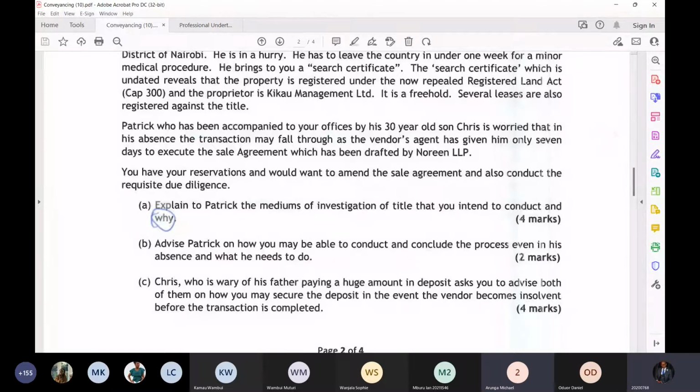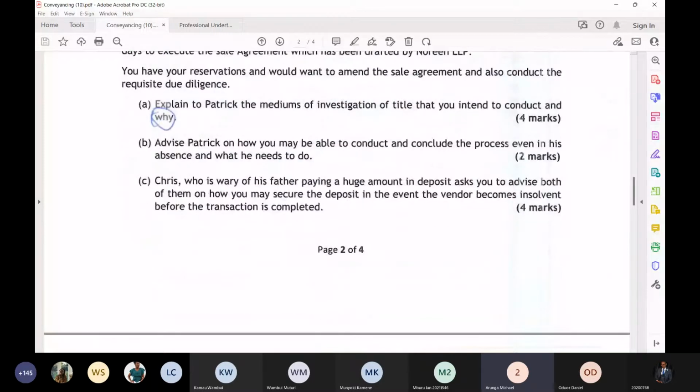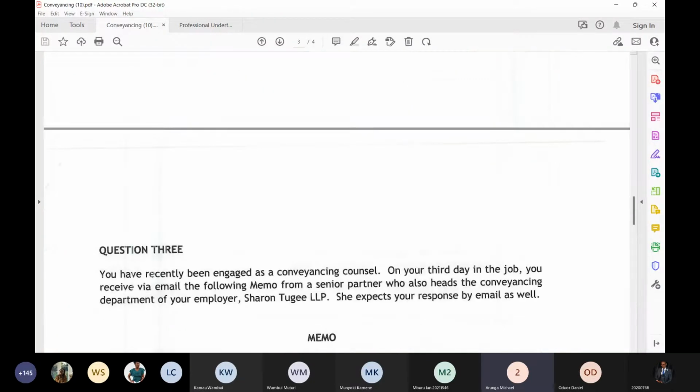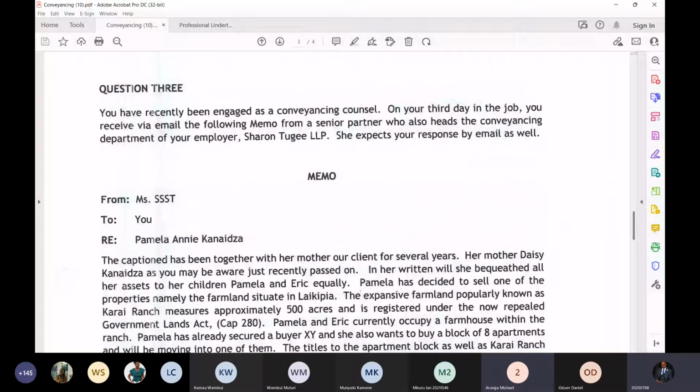Any other questions? Yes, Solonka. Just a small clarification. In as much as we're explaining to Chris how we deal with stakeholder accounts and how they operate and how the deposit is safe, can you also indicate with the vendor's advocate that you would like that specific clause inserted in the sale agreement?